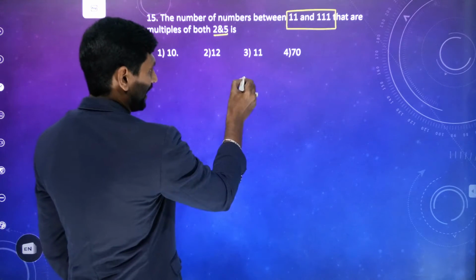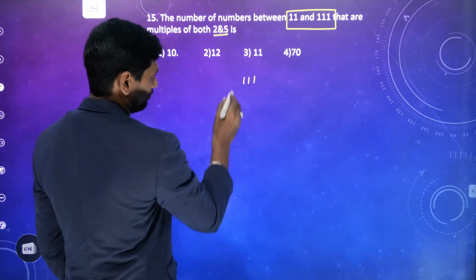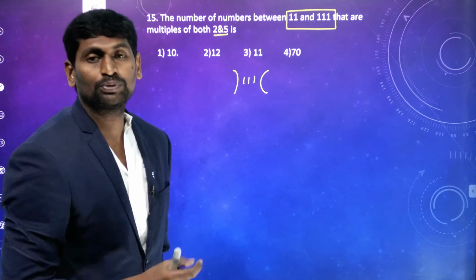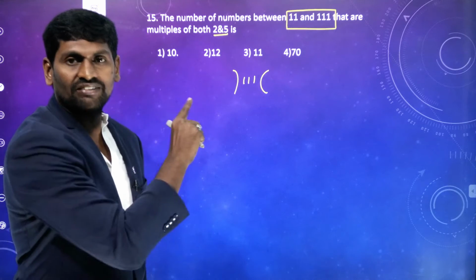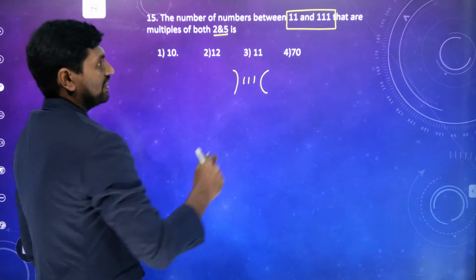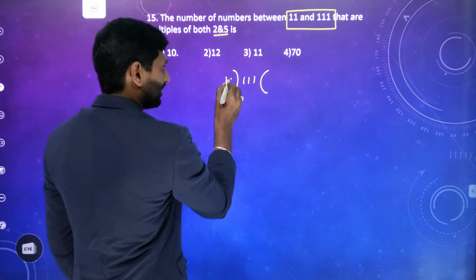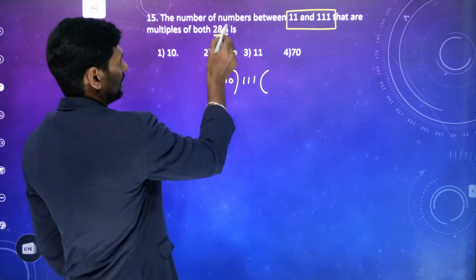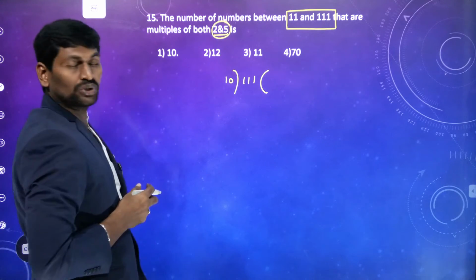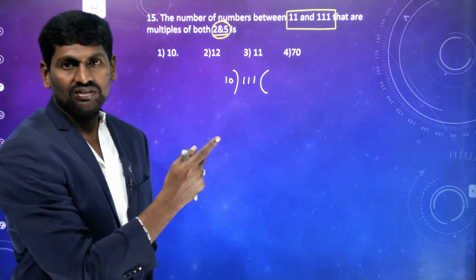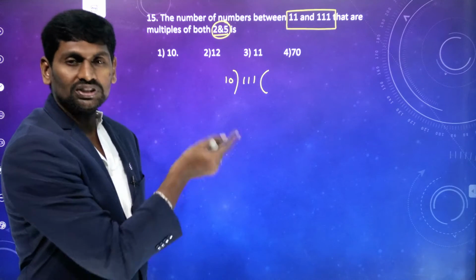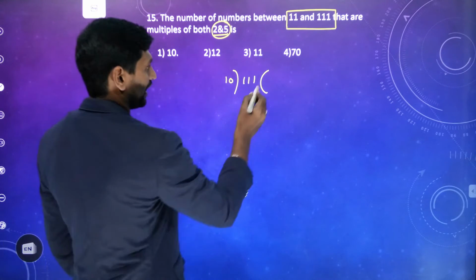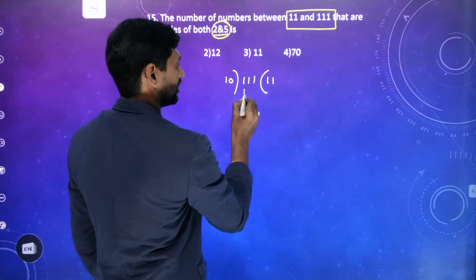As we discussed in the previous problem, how did we find the multiples of 7? Directly we divided with 7, no? Here I am dividing with 10, because the number should come in both the 2 table and the 5 table, nothing but the 10 table. So 10 11s are 110.